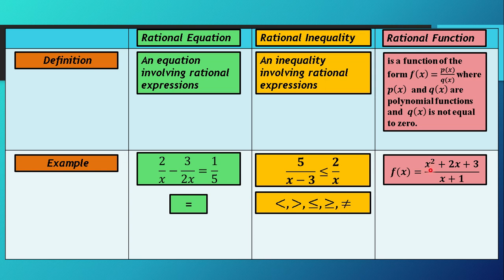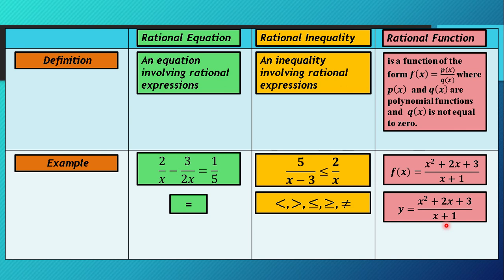Yung numerator natin ay polynomial function. Wala kang nakita dyan na negative na exponent. Ganon din yung denominator na x plus 1 is also a polynomial function, at yung denominator natin ay hindi naman equal sa 0. So pwede rin natin siyang masulat, yung f of x pwede nating isulat as y is equal to x squared plus 2x plus 3 divided by x plus 1.